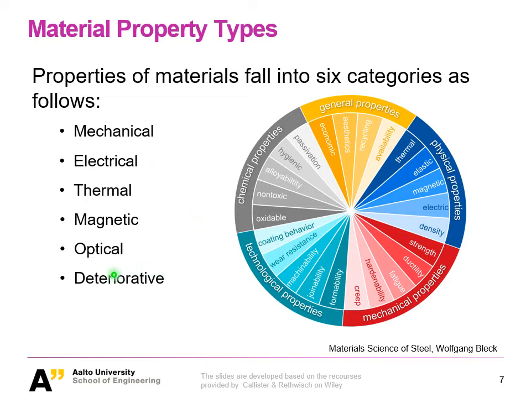These are the 6 key material properties. If you look at this wheel here, you could have actually a lot. We touched a little bit on, for example, density, when we talked about crystal structures, but in general we touched only basic elements of this rather comprehensive wheel. You could find more information in the textbook, and you will learn much more when you go to your master level.